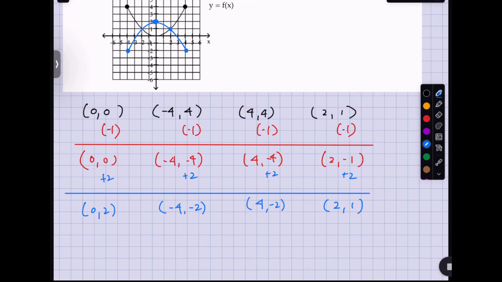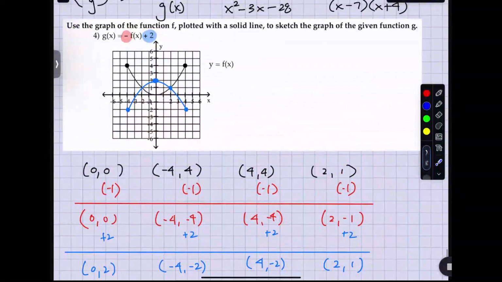I'm still kind of confused, because it's a negative here, it reflects over the y-axis, or no? Can we go back up to the top? Since this is outside the parentheses, it affects the y value.